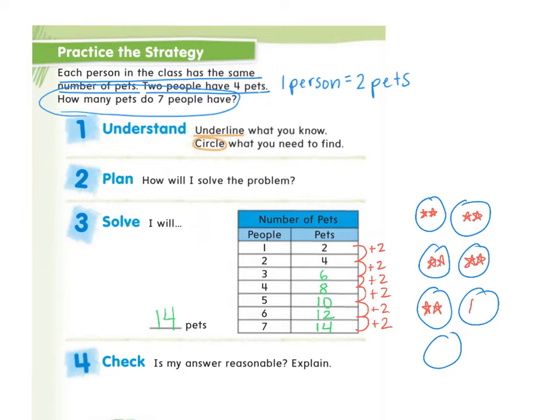And then I draw these stars. These are representing the pets. Okay, and I skip count 2, 4, 6, 8, 10, 12, 14. Yes, that makes sense. So again, every time I add 1 in this column, I'm doing some kind of a pattern over here. In this case, it's skip counting by 2s.